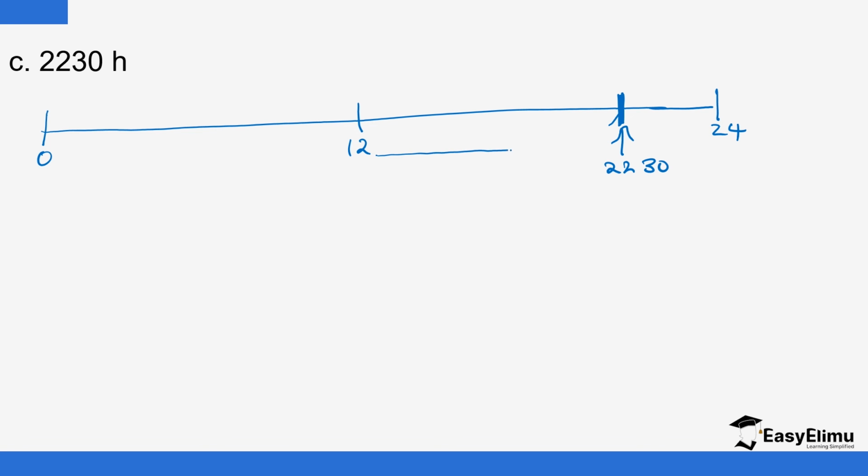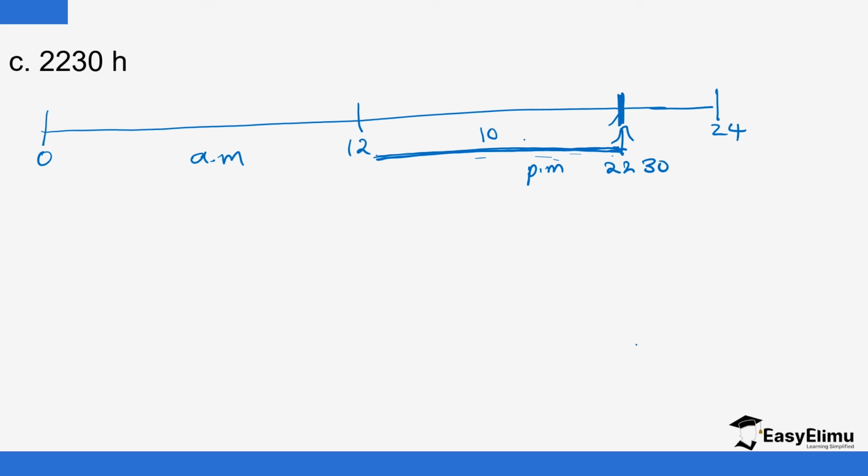So what is the number of hours from 12 all the way up to 22? Because we have agreed that when it comes to the 12-hour system, the day is divided into 2, and when we are stating the time, one half will talk of AM, and the other half will talk of PM. So how many hours are here from 12 to 22?